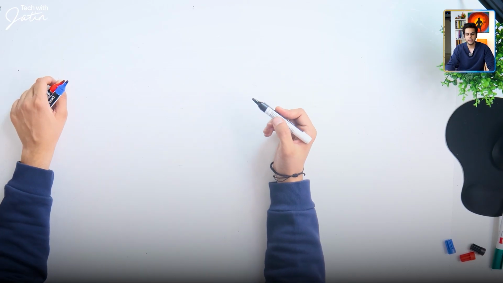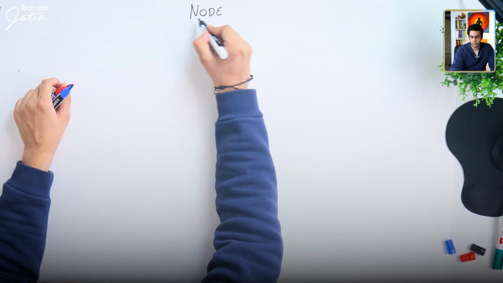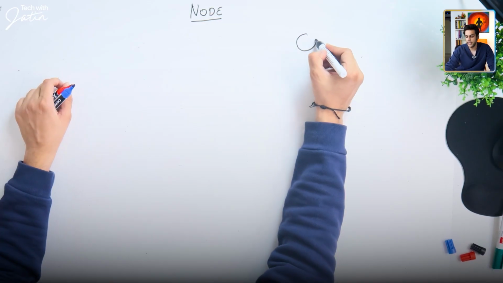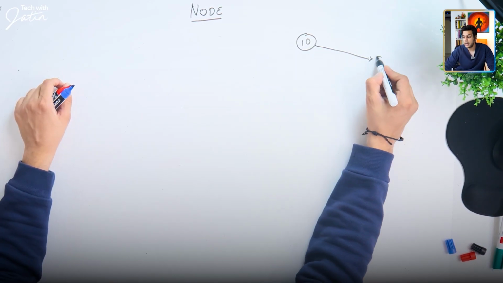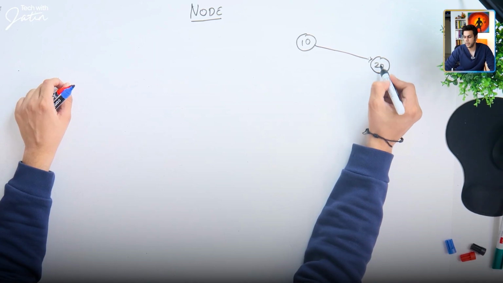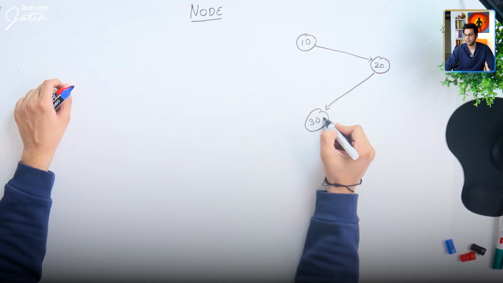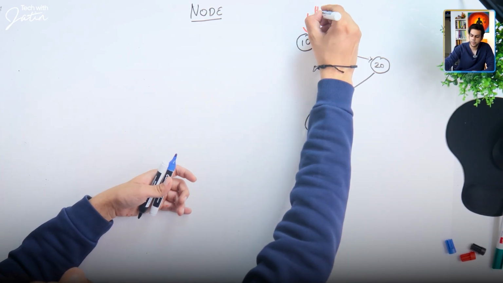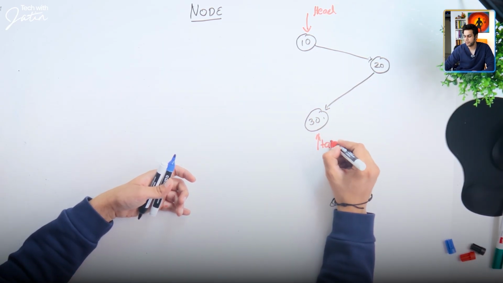All right, guys, let's just talk about the concept of nodes. If I draw a linked list for you, this is my first node. Then I'm creating a link to the next node. Then I'm going to create a link to the next node. This is a linked list which I've created. So over here, this becomes my head and this becomes my tail.